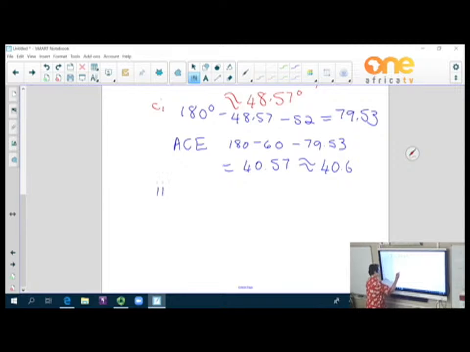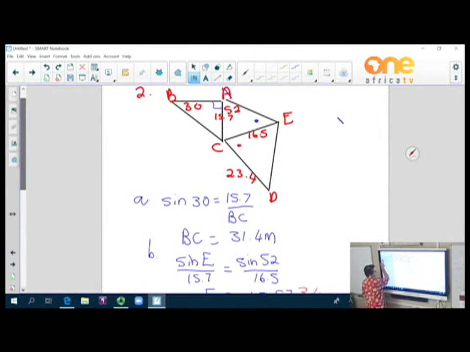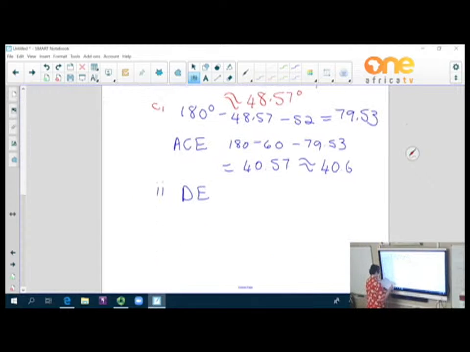So that's how we get that 40.6, just working with the triangles. Then number C2, now they want us to find DE. Let's look again at the sketch. So this is what we want to find, DE. And I use the cosine rule here.